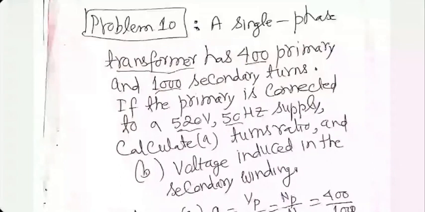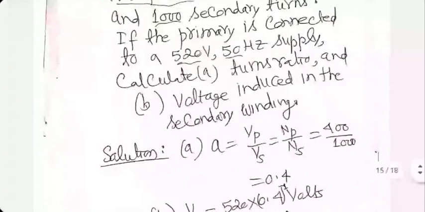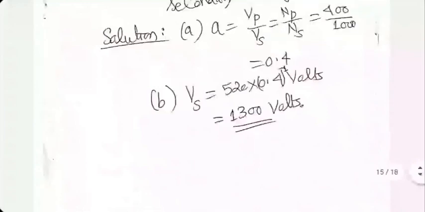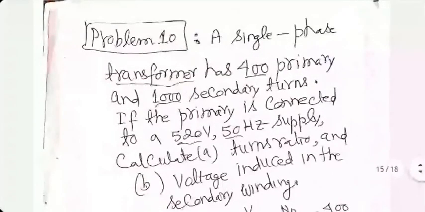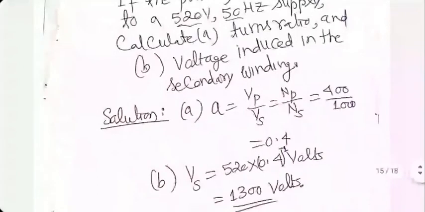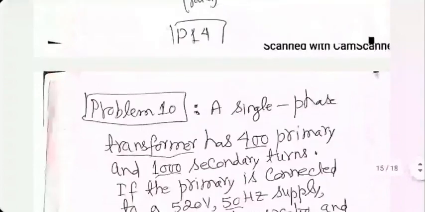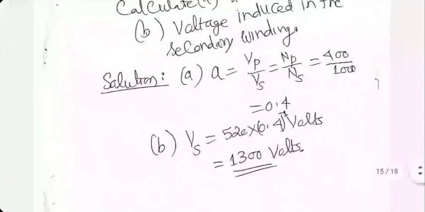Very simple calculation. A is 0.4. VS obviously is, it is a step up case. So VS would be higher than VP. VP is 520 volts. So multiply that by 0.4 raised to the power minus 1.